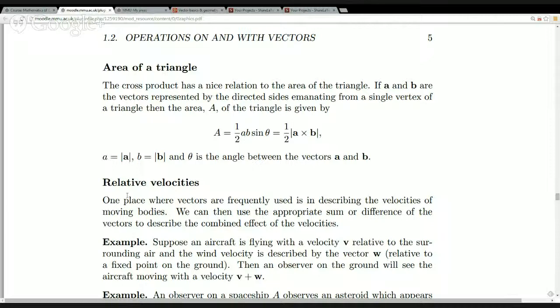Now, the items in the next chapter are about some basic vector geometry, being able to talk about lines and planes in 3 dimensions using the language of vectors. But just before we do that, we mention another aspect of vectors, which is the way they're used to describe relative quantities, relative positions, or relative velocities.